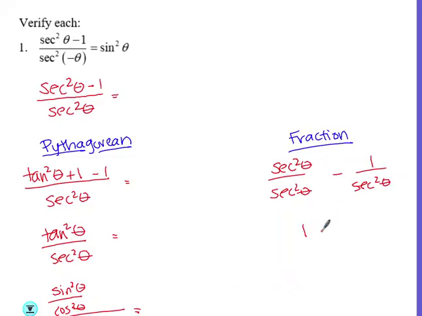So I get 1 minus 1 over secant squared theta is cosine squared theta. And then I know from my Pythagorean identities that this is equal to sine squared theta. And I'm done.